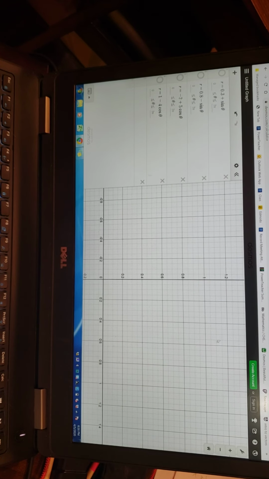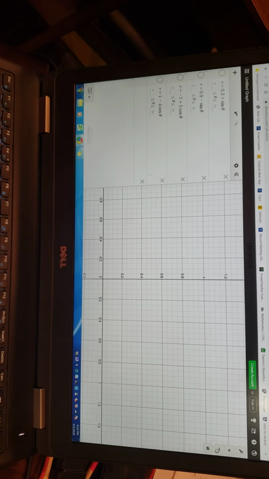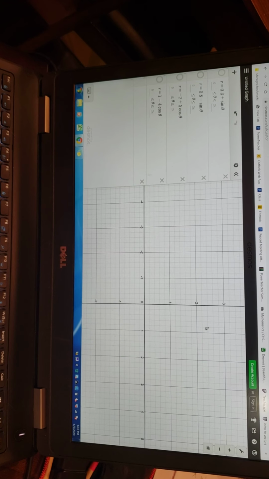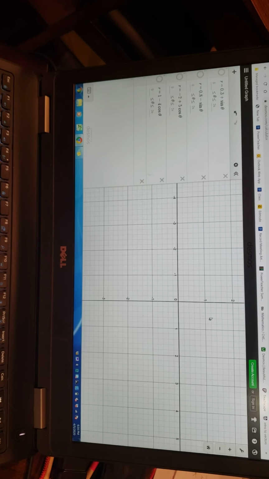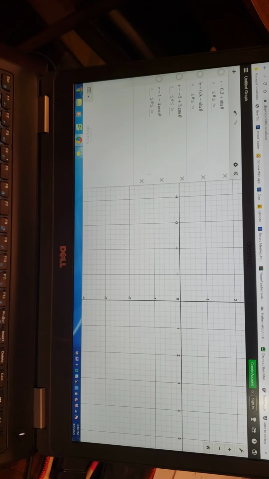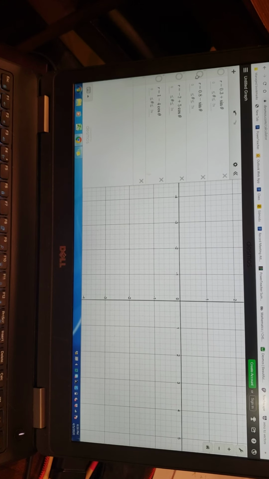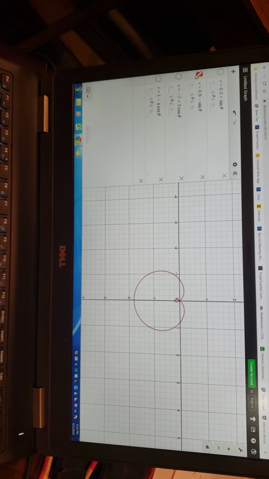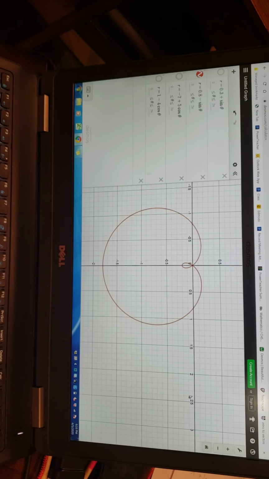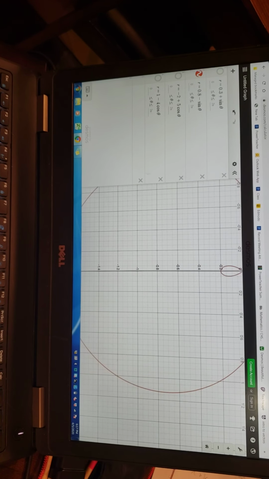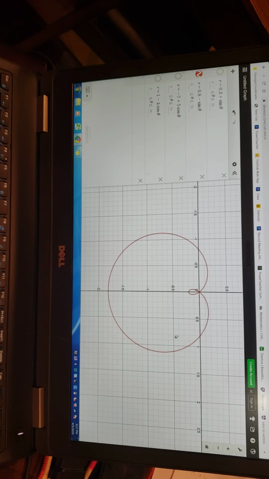Let's think about the orientation of the next one. Minus sine, so I'm going to zoom out a little bit because I know this is actually going to fall below the x-axis. Here it is. Oh, whoa, I'm going to have to zoom in a little. This has a small inner loop. Oh, that's zoomed in a little too much. Let's zoom out. Here's 0.5, so each of these increments is 0.1.